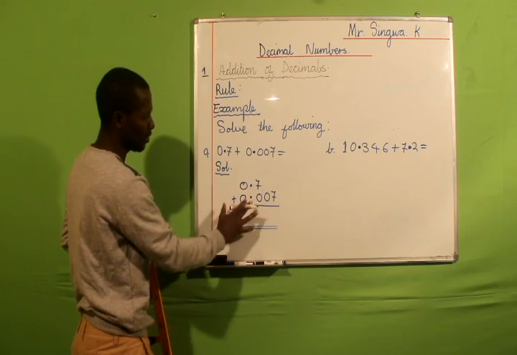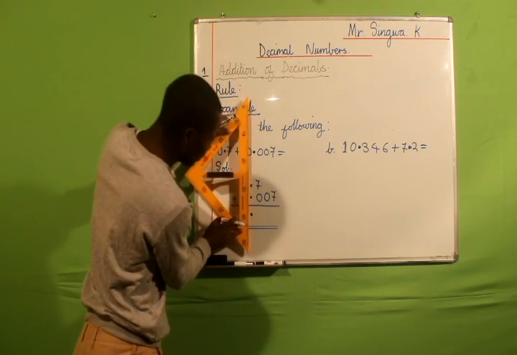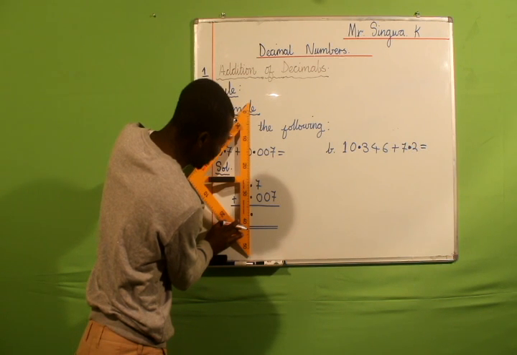Now, when you come up with this, these decimals are in a straight line.